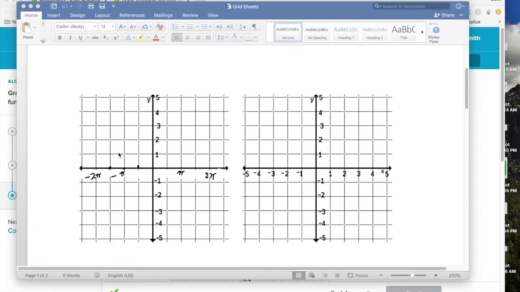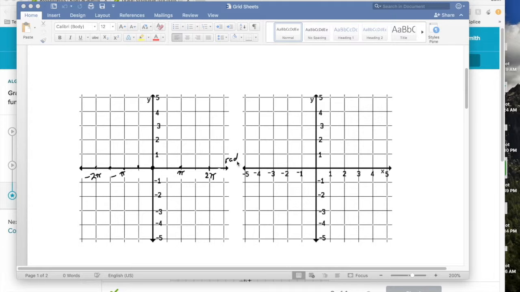I've modified this graph to display values starting at 0 here in the center of the graph, and extending to the first point of concern being pi, and then the second one being 2 pi. We're going to look at the x-axis in terms of pi in radian measure.